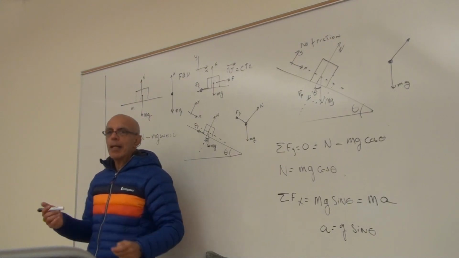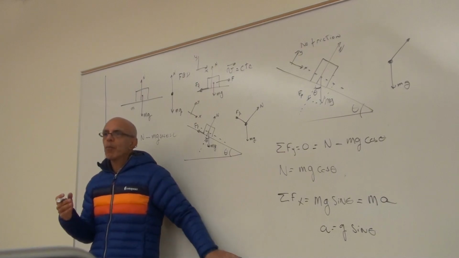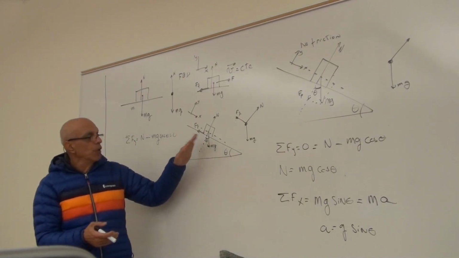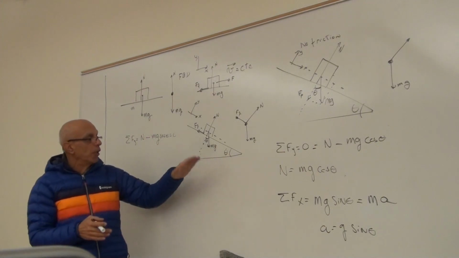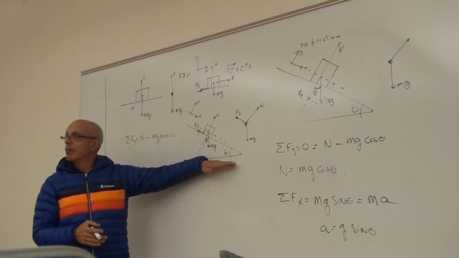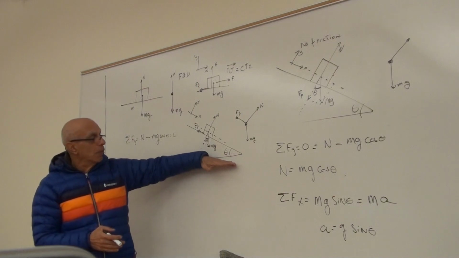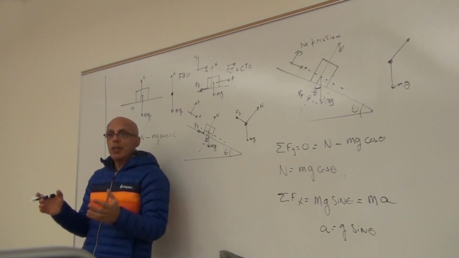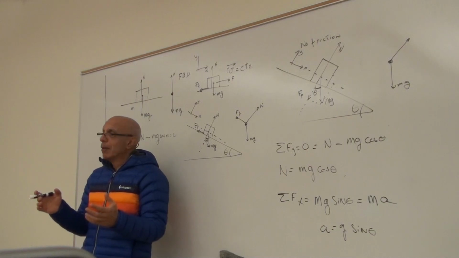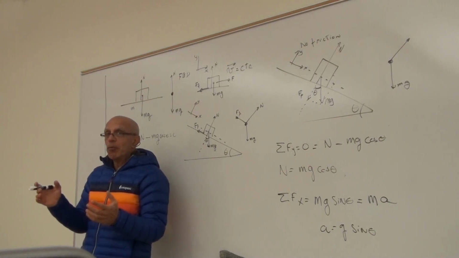Do you guys think that, let's imagine I'm doing this experiment. I have the block here on the horizontal, and I start increasing the angle. The block is sitting there, not moving.